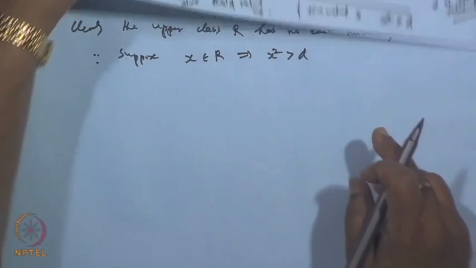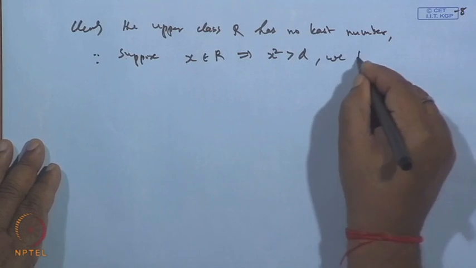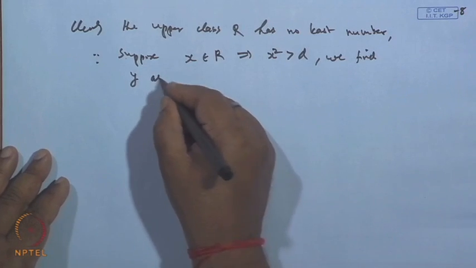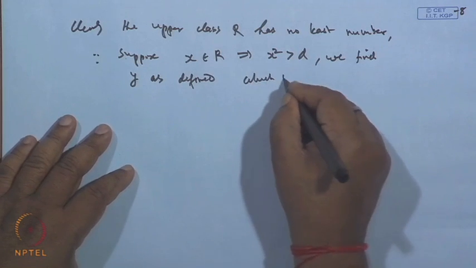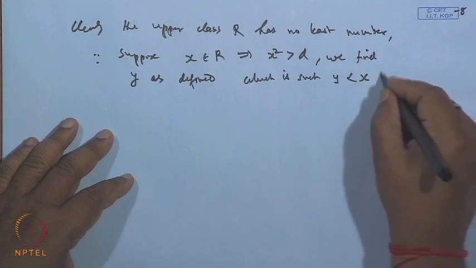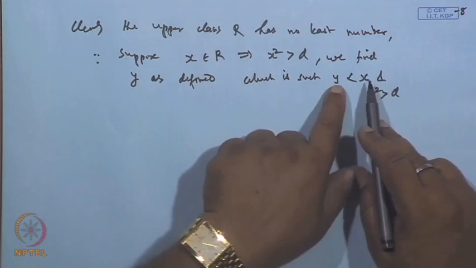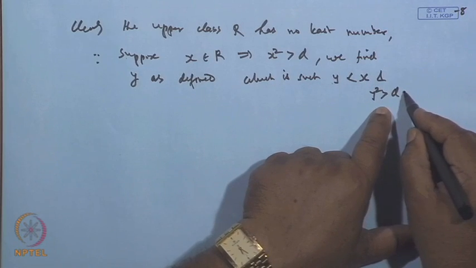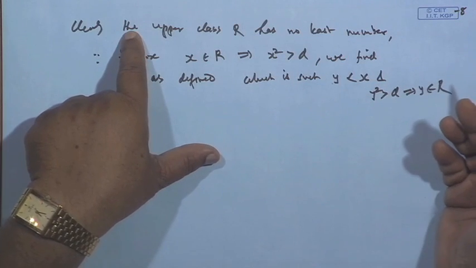So we find y as defined, which is such that y is strictly less than x and y square is greater than d. So if I take any number x in the upper class, we get another number y which is lower than x, but still in the upper class. This implies that y is in the upper class R. So the upper class cannot have a least number.